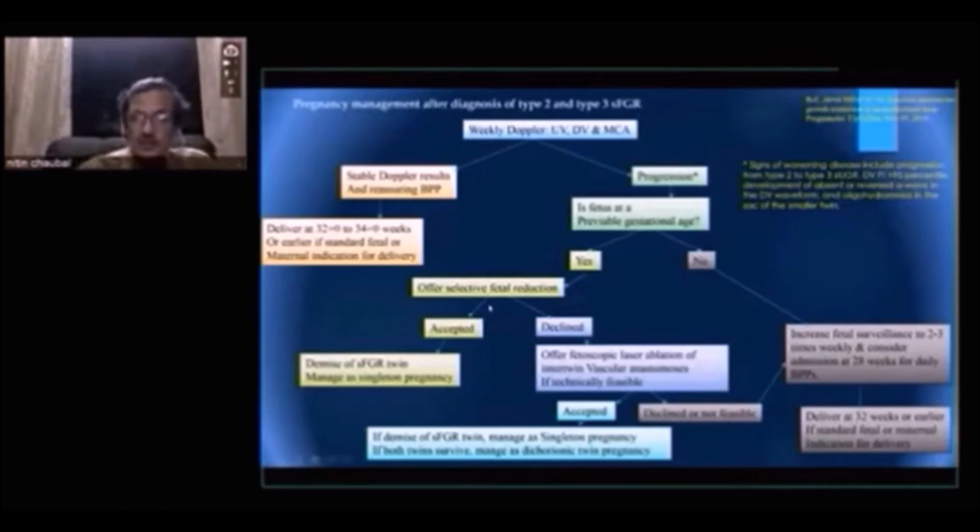If we are not able to do reduction, or if the parents do not wish to do it, or the law prohibits us from terminating at that particular gestational age, then we can think of laser ablation. If this is done, there is a risk of the demise of the smaller twin, and we will see why, of course. And then you can manage it as a single pregnancy, and if both the twins survive, then we manage it as dichorionic twins because you have done it.